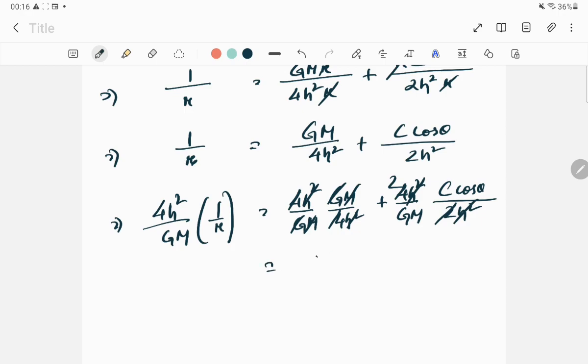So finally we have 1 plus 2c cos theta by GM. Okay.